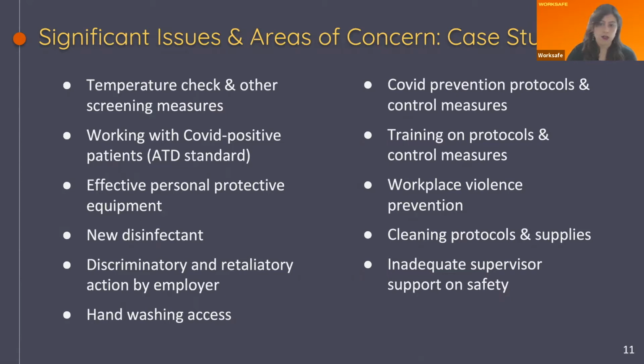There are also issues with workplace violence prevention and training on protocols and control measures, also inadequate supervisor support and safety, just to name a few. I'll pass it over to Jora now. All right, next slide, please.